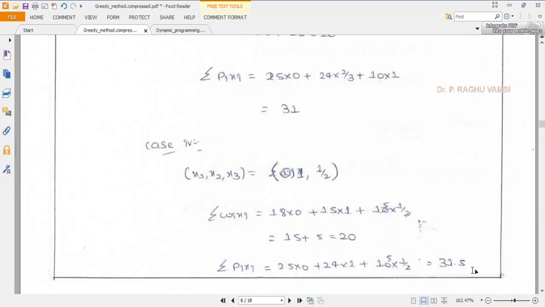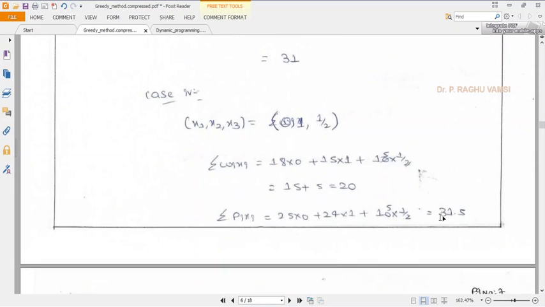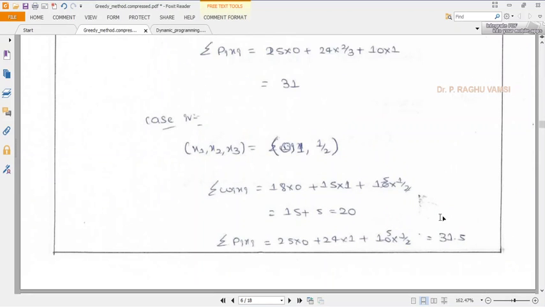Here I said the profit is 31.5, but actually 25 into 0 is 0, plus 24 into 1 is 24, plus 5, so it comes up to 29, not 31.5.